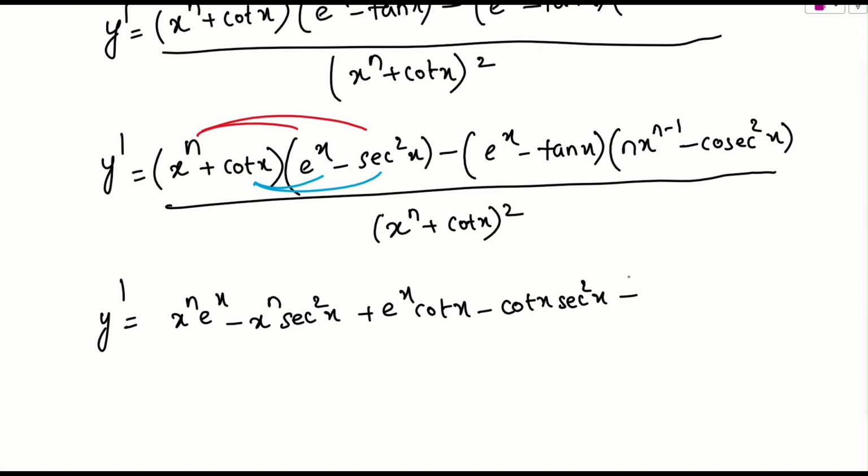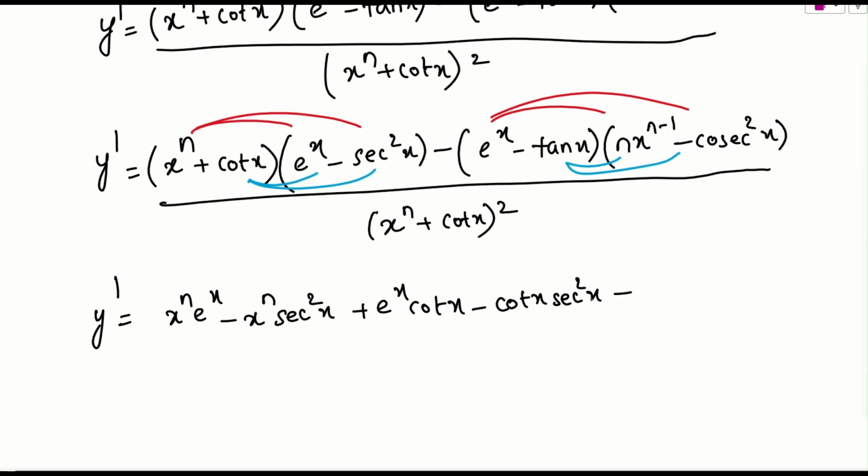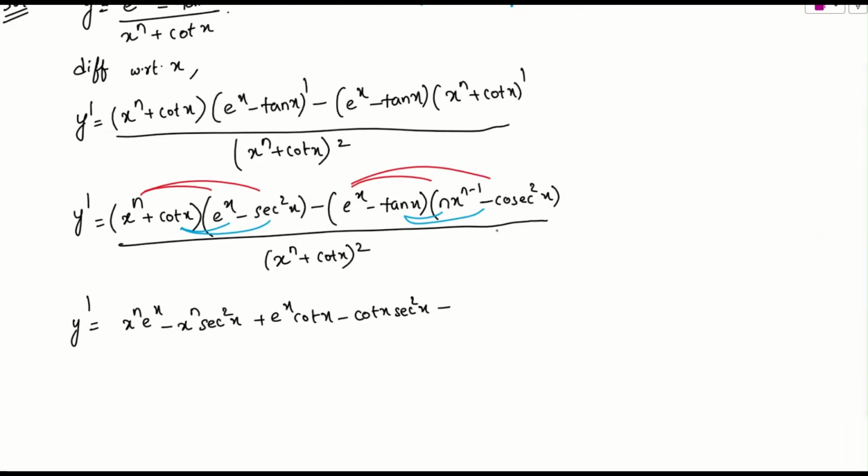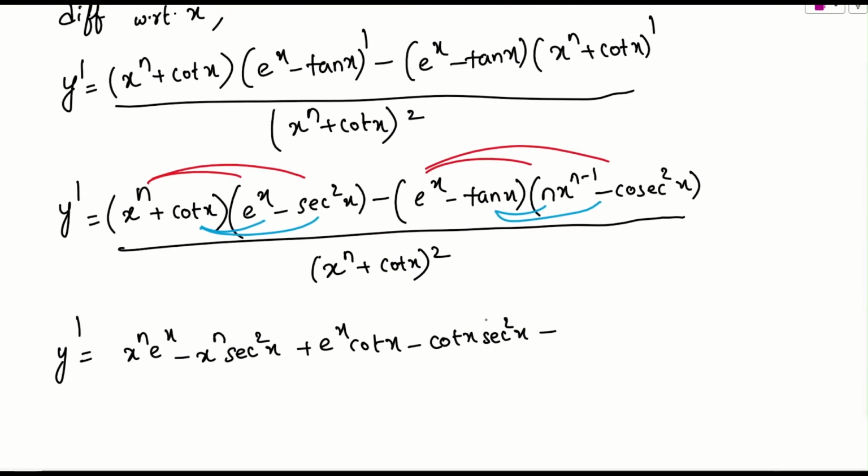Is it okay? Minus. The same thing we need to apply. First of all, e^x we need to multiply with this, and we'll be doing tan x with this and this. Is it okay? Let us continue. So from this what I will be getting here? Sorry, I have zoomed too much. Let us continue. I think this is sufficient.